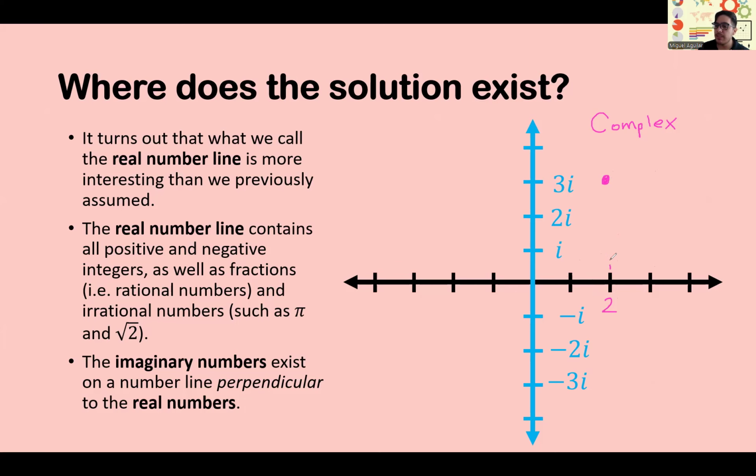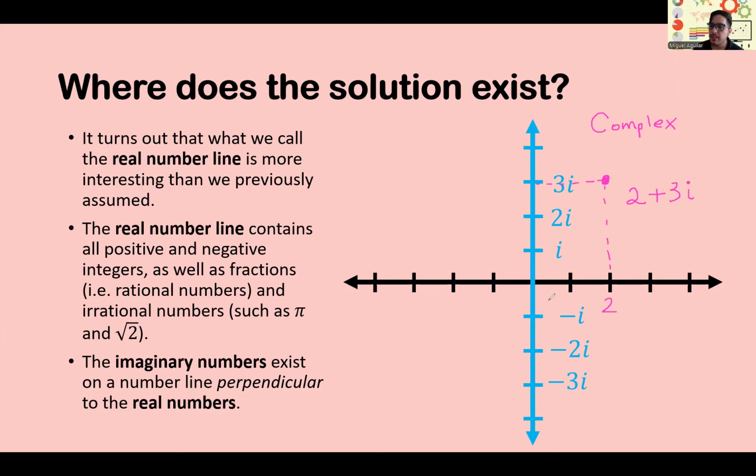And so we would say this point right here in space has a real part of 2. And if we look at its imaginary part, it's in line with 3i. So we would say that this complex number is made up of 2 plus 3i.